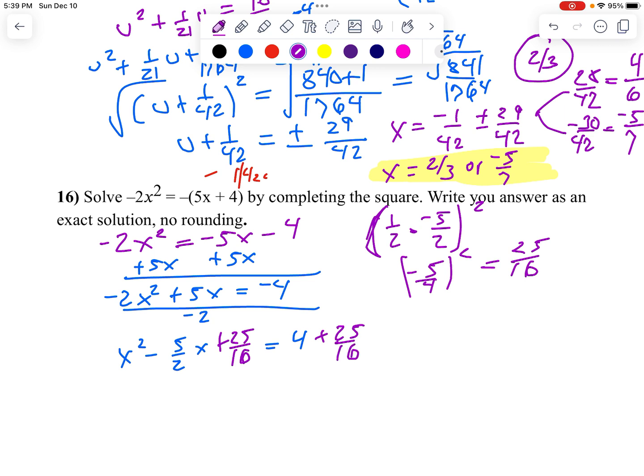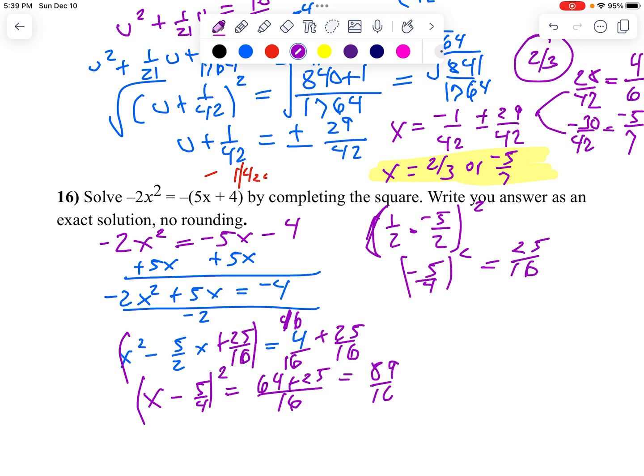And then my left side, if I factor that, I'll get x minus 5 over 4 squared. And then the right side, I'd multiply by 16. So I'll get 2 times 16 is 32 plus 25 all over 16. 32 plus 25 looks like it's 57.